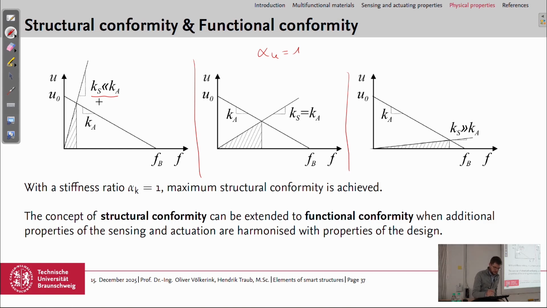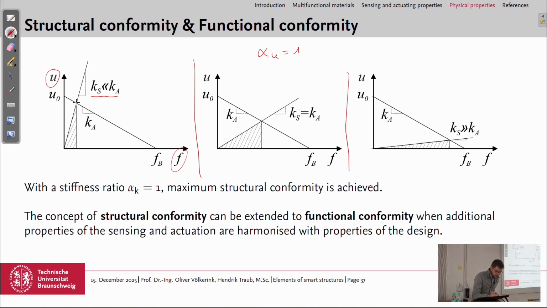Here we have axes changed from what we are used to. So usually here is the force and here's the displacement, and therefore a higher slope would be a stiffer material. But since we changed axes, now Ks with a higher slope here means we have a less stiff surrounding structure.